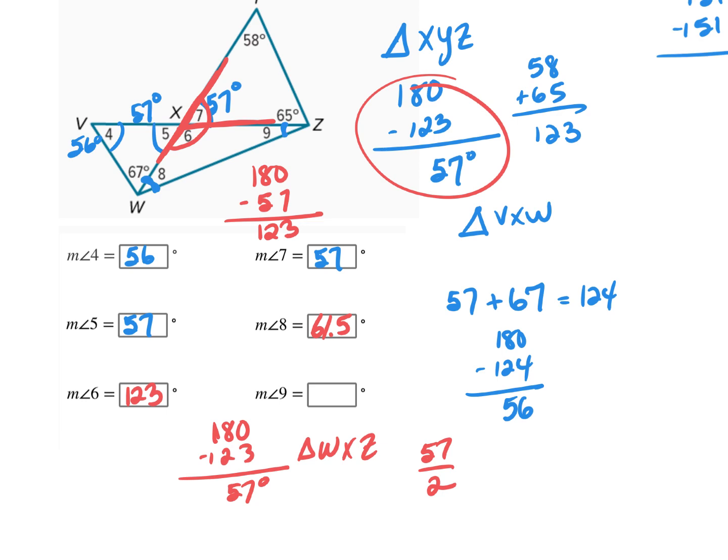One moment, please. 57 divided by 2 is 28.5. Sorry about that. So yeah, 57, the remaining number of degrees, divided by the 2 angles left, leaves me with 28.5 degrees each.